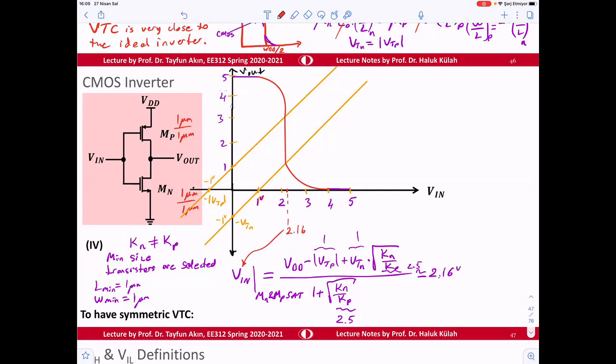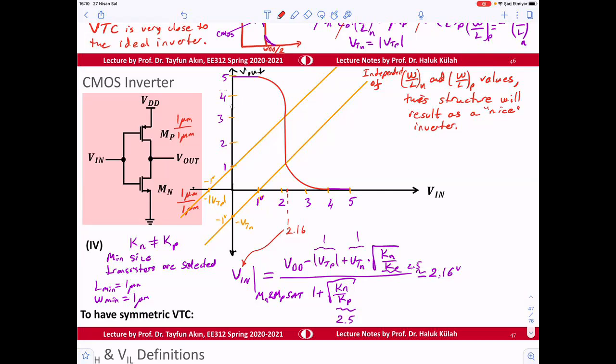No matter what you select for W/L of N and W/L of P, this structure will result in a nice inverter, operating as an inverter.